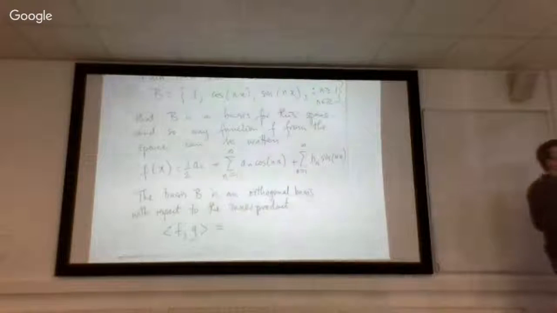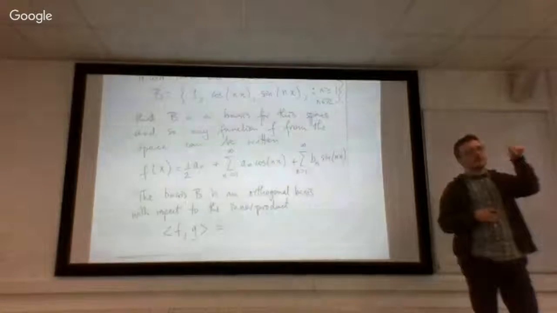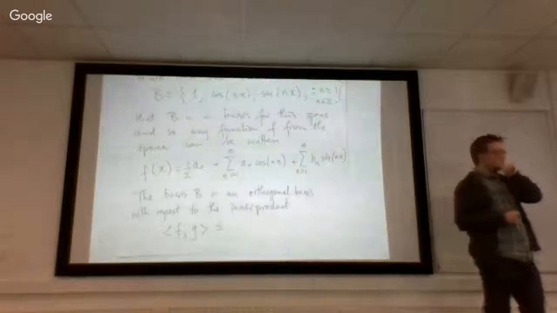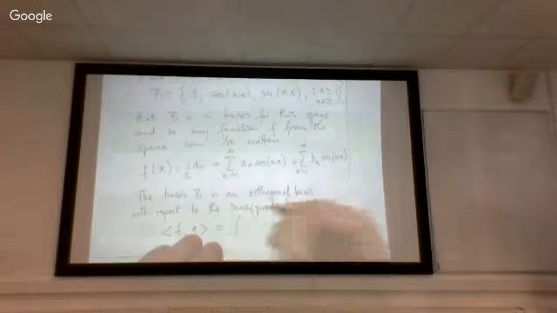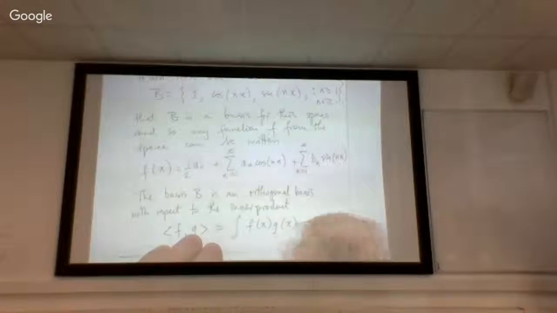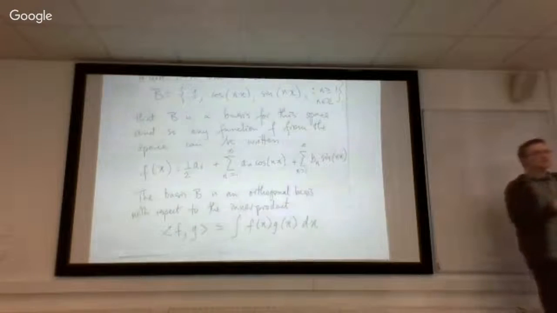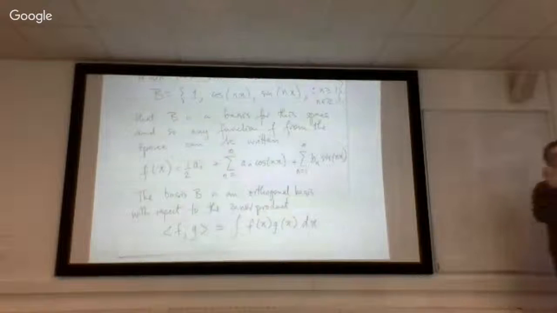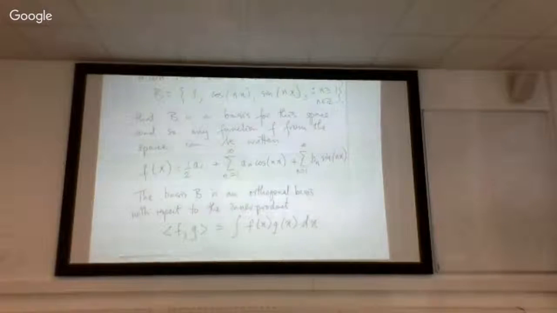So rather than multiplying together corresponding components of a vector and adding up those individual products, we do the continuous version of that, which is we integrate the product of the two functions. And of course, integration is the continuous version of discrete summation.